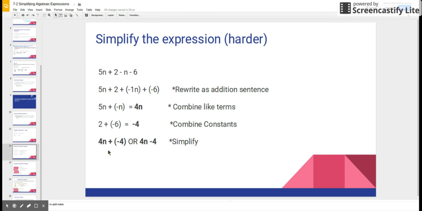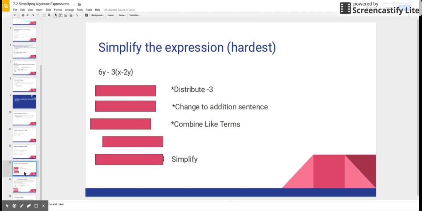For the most part, these two are simplified. If you were to have negative 4 plus 4n, the problem with that is usually when you simplify, whatever terms have variables come first, and then your constants come afterwards.